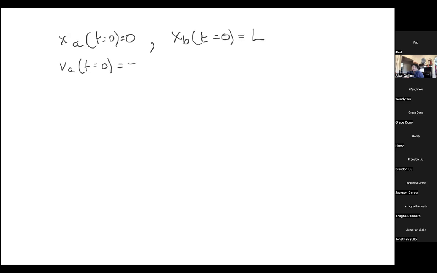I'm just going to give the first mass a negative v0, and the initial velocity of the second mass I'll set to be 0.